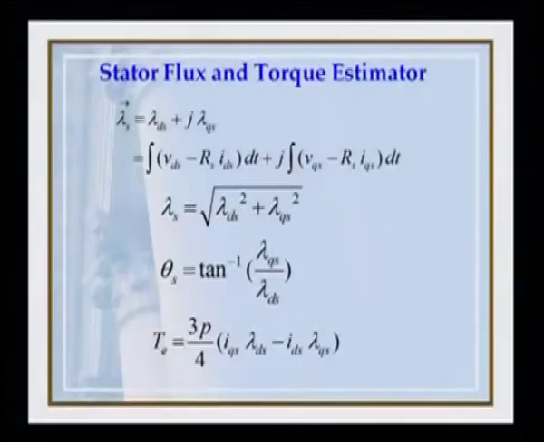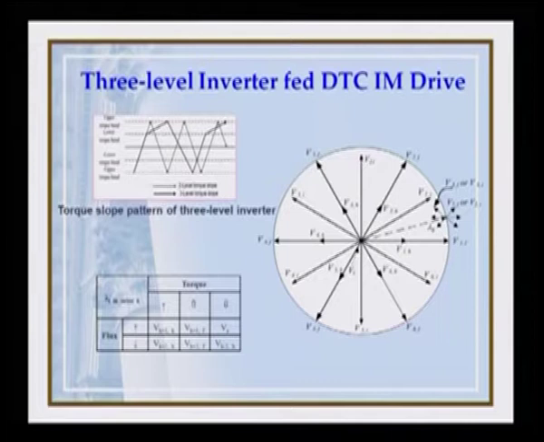So if we try to see the various voltage vectors, this is a recapitulation of what we have done in the last lecture. We have in fact 27 possible combinations, and we have the full vector V1f and V1h.